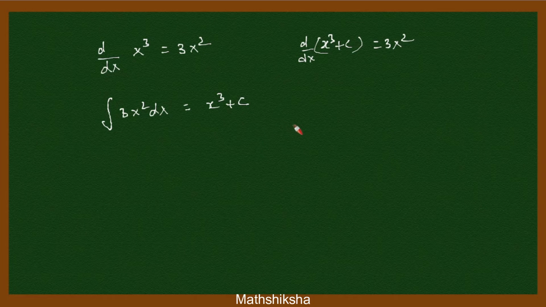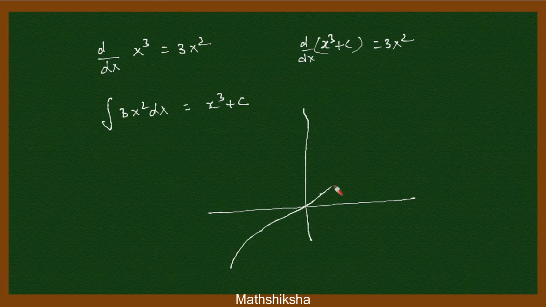Now let us discuss what is their geometrical meaning. The graph of x cube will be like this. So graph of x cube plus 1 will be like this. This is x cube plus 1.